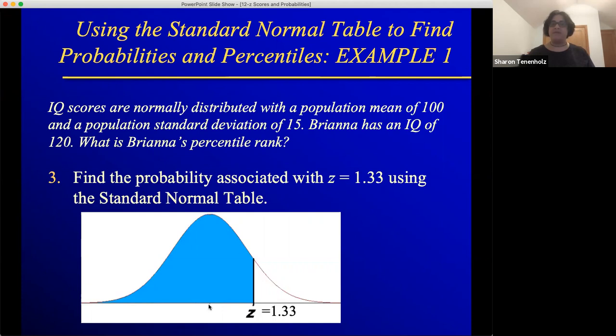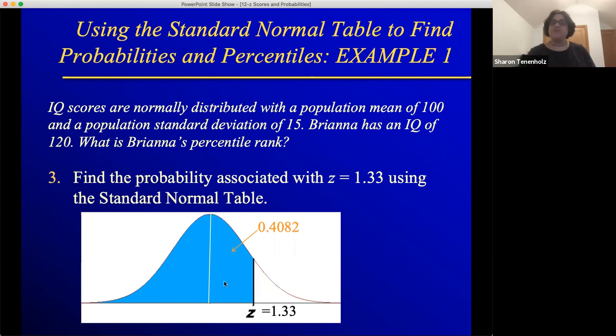It's above our mean. And what we're trying to calculate is this area below a z of 1.33. So if you think of the area under the curve as 1 or 100%, the proportion of scores, the probability of getting a score of less than 1.33 would be this entire shaded area. Now, what the z-score we looked up is, it's the distance, the area between the mean and the z-score we've looked up.